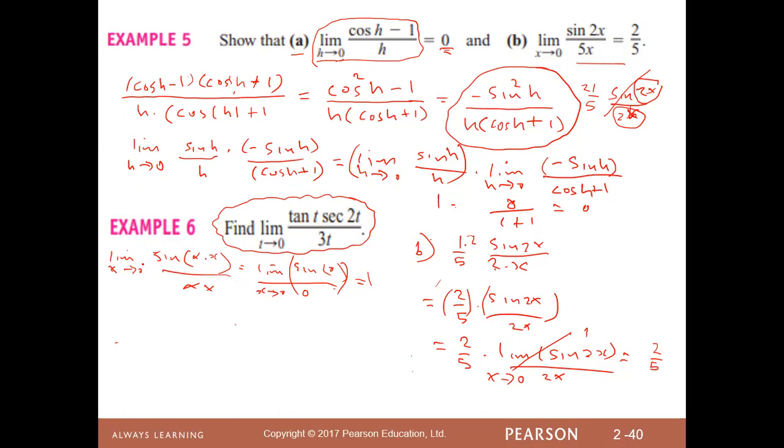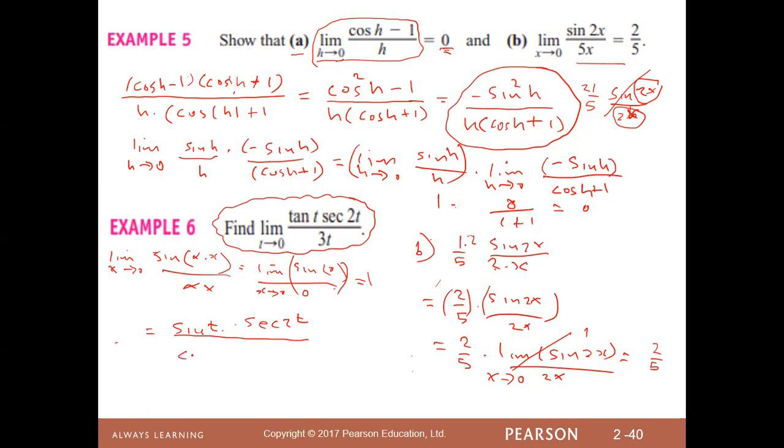To take advantage of this fact, we have to have a sine in the numerator. Sure enough, tan of t will give us sine in the numerator. So we will rewrite the problem as sine of t multiplied by sec of 2t, and then divided by, remember this was tan, so tan is equal to sine divided by cosine.